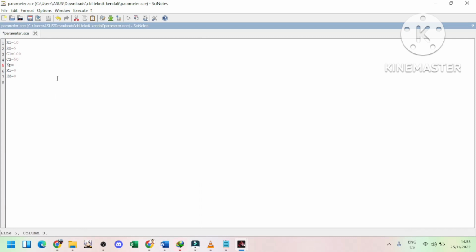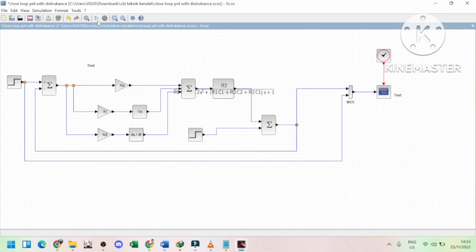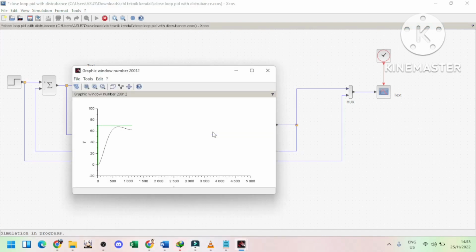If we make the value of Kp bigger, as 1.5, we will get a result like this.